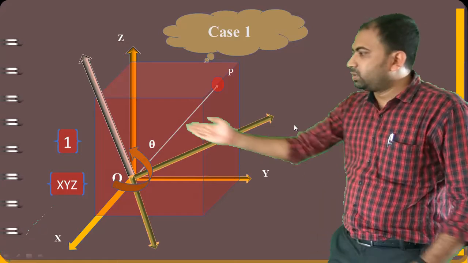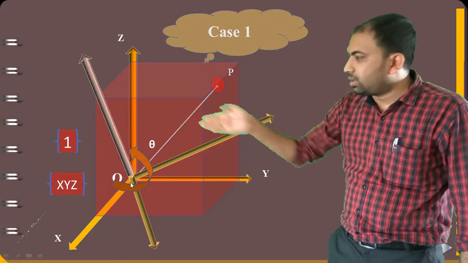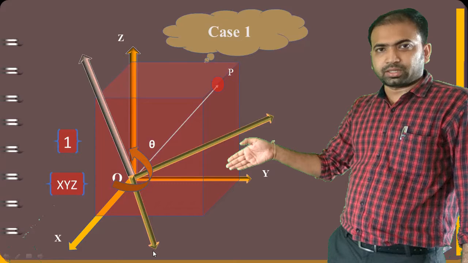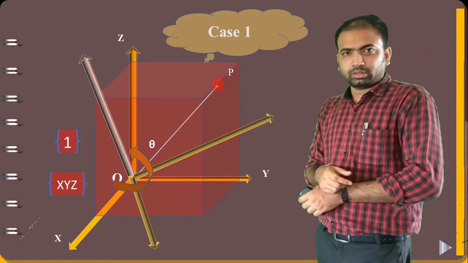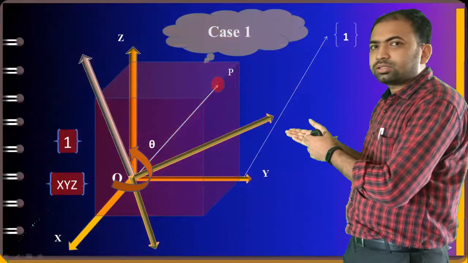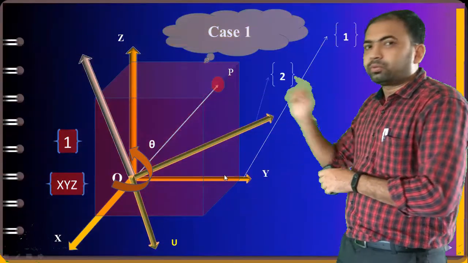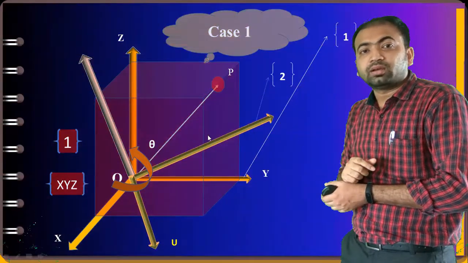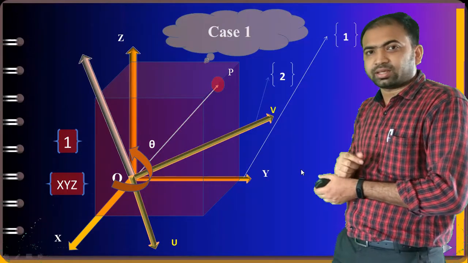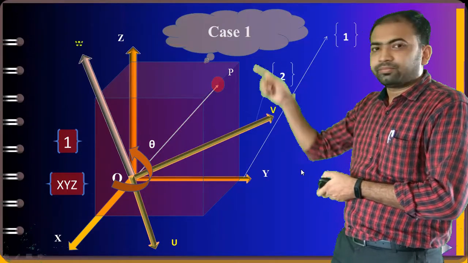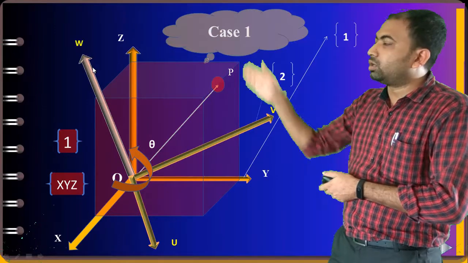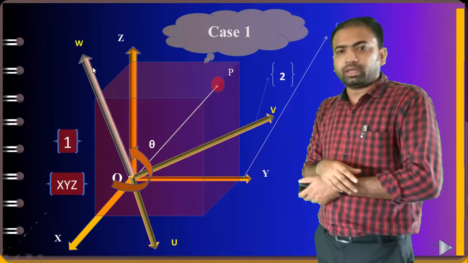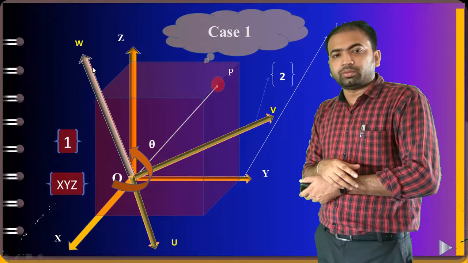Previously the X axis was there, now it has moved to some other place after rotation, which is named U. Then the Y axis, after rotation, we have its position along the V direction. Similarly, Z we have in the direction of W, right?